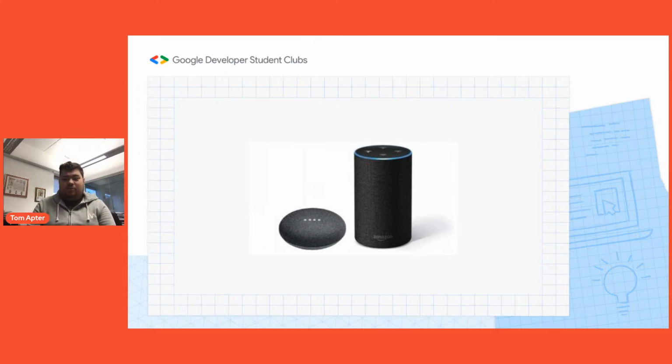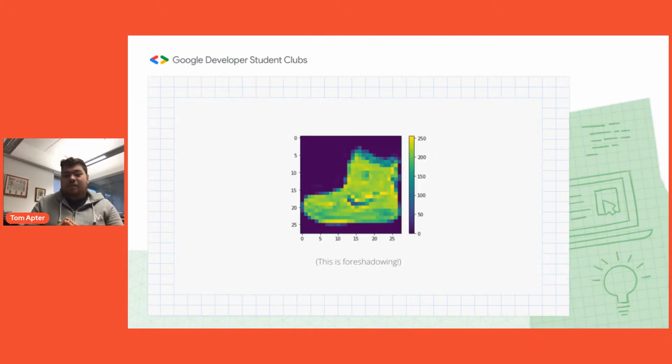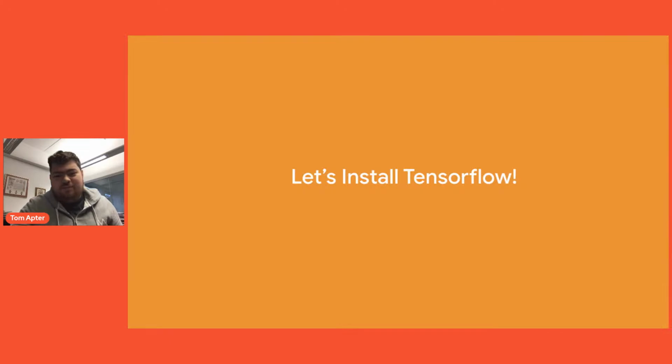I know it's a bit ironic because we're at a Google event. And also a little bit of foreshadowing. This is a picture of a shoe. We can do object detection on stationary objects, and it's a little bit of foreshadowing for the future.